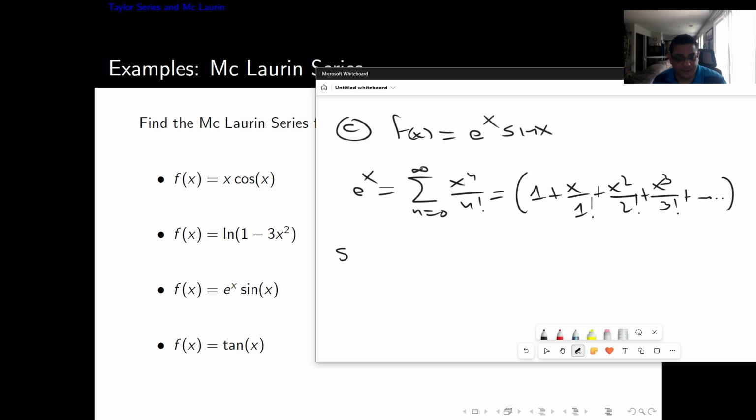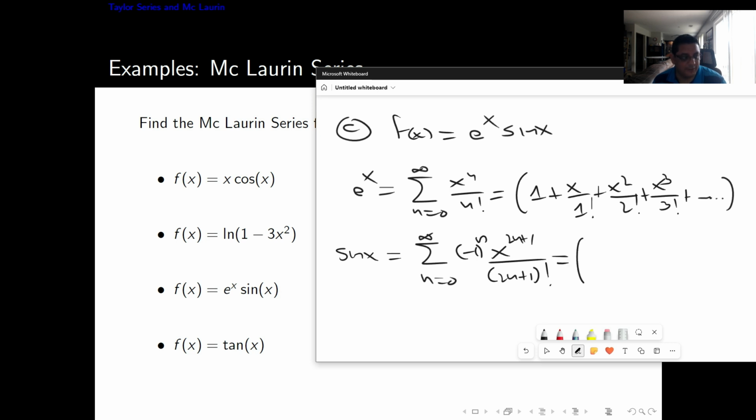And in the case of sine of x, this here is the sum from n equals 0 to infinity of minus 1 to the n, x to the 2n plus 1 over 2n plus 1 factorial.